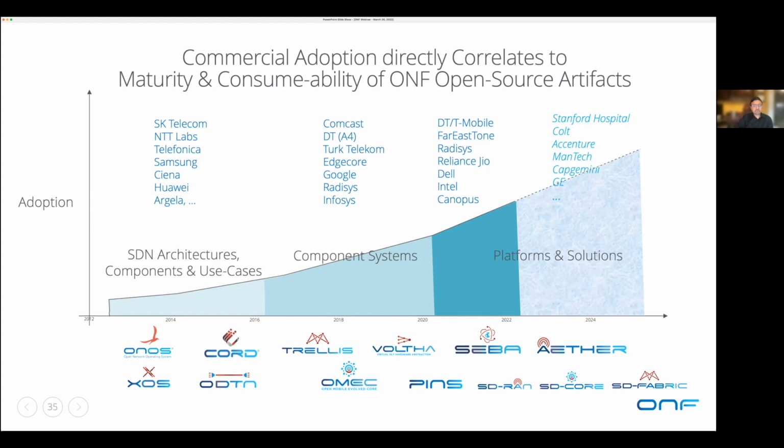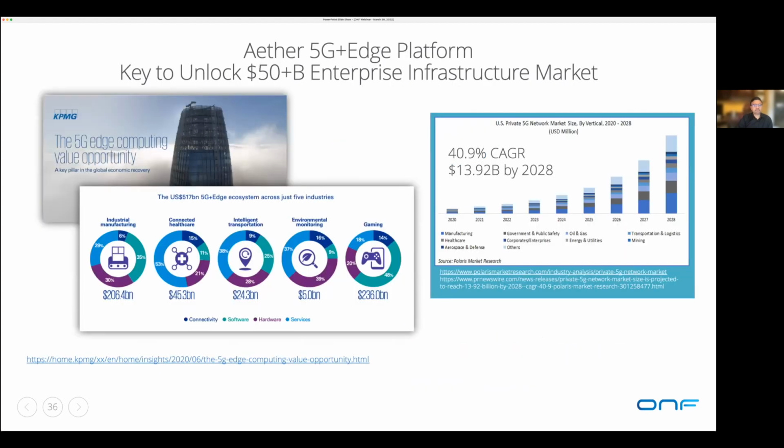Let's look at the business opportunities being unlocked by these new platforms and solutions. Next slide, please. 5G and edge computing are two of the biggest drivers of the Industry 4.0 revolution that is underway today. There are several analysts who have been very bullish on this market and estimate this TAM to be between 550 billion to as high as 500 billion.